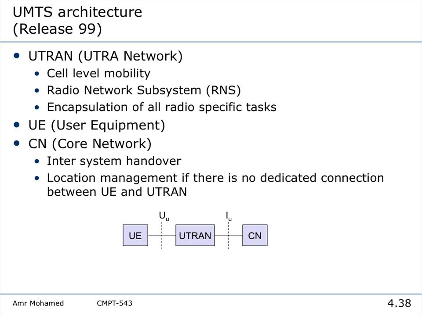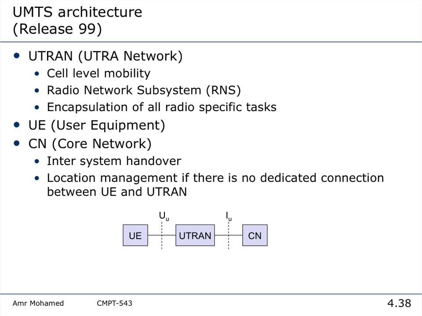When you move from one cell to another, such that these two cells belong to the same base station controller, then the UTRAN is the one that controls that type of mobility. But if you move from one radio access network to another, which belong to different BSCs, that's what we call inter-BSC, which means you have to engage the core network.